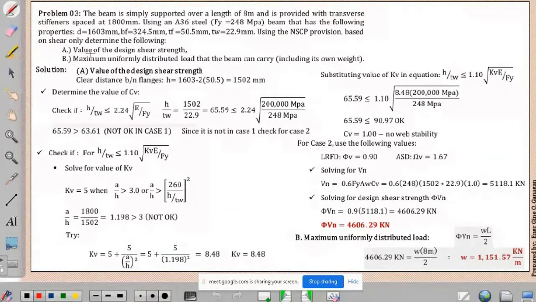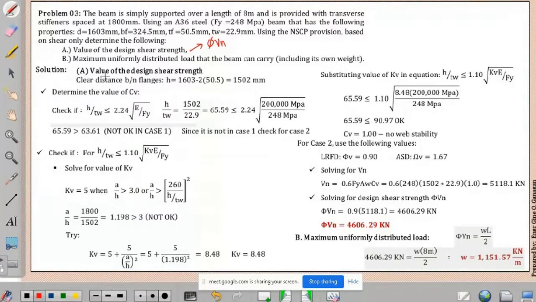We have to determine the value of the design shear strength. So ang hinahanap natin sa letter A is yung value ng design shear strength, so yung value ng φ times Vn for LRFD. Ito yung hinahanap natin for letter A. So i-multiply natin yung nominal times yung ating reduction factor.